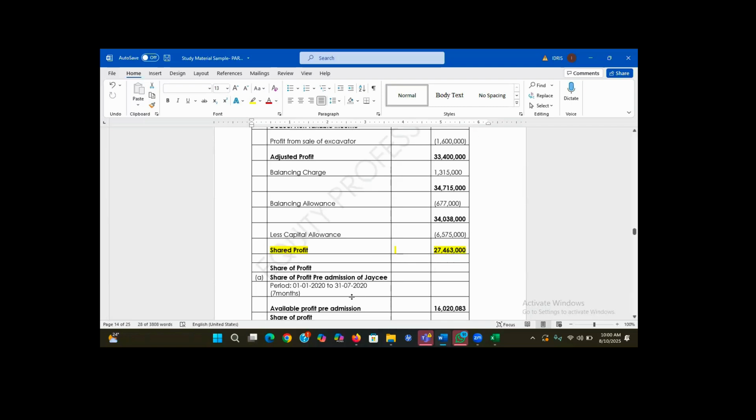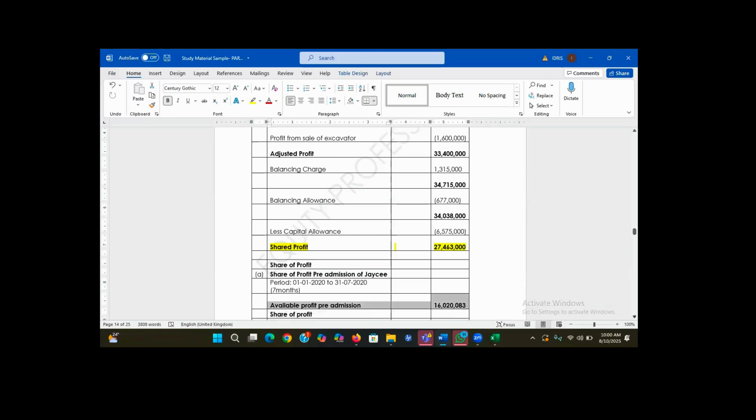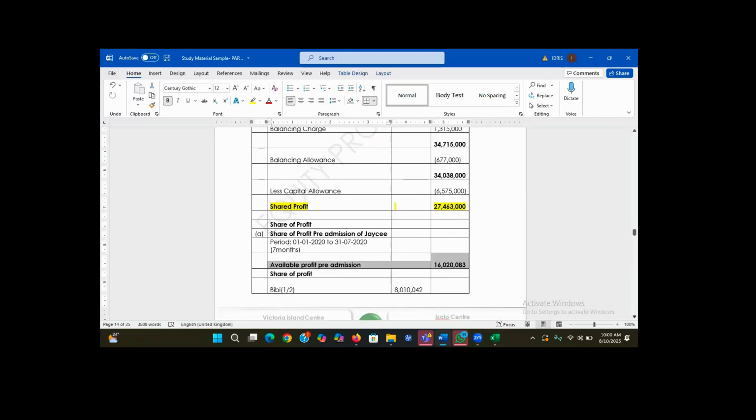27,463,000, 7/12 times 27,463,000. That is the share of profit available pre-admission of JC. That will give us 16,020,083 naira.